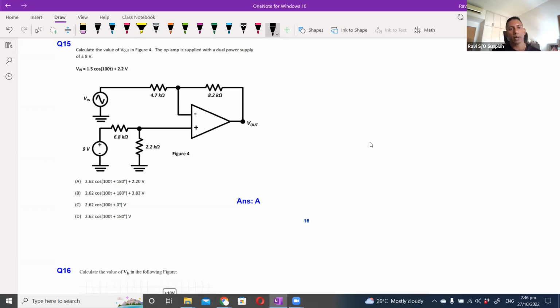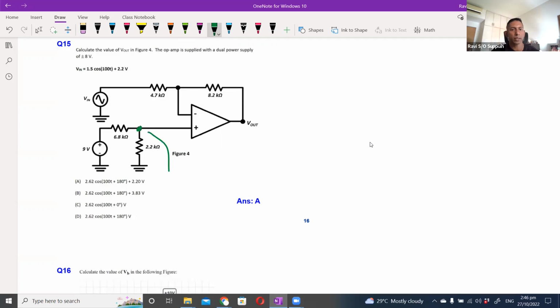Let's again look at the circuit and apply the golden rules to see what we can figure out. As before, this point here will be a voltage divider because there is no current flowing into the input terminal of the op amp.